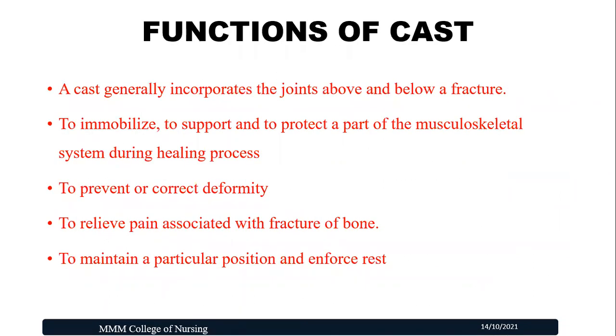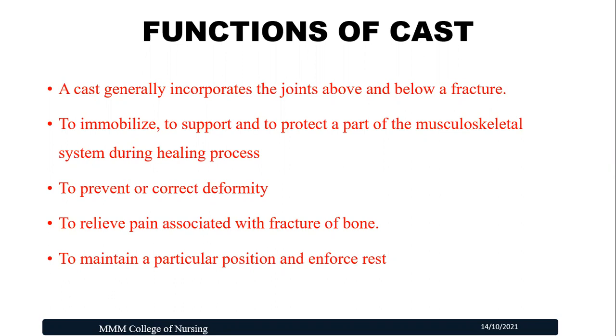Let us see the different functions of the cast. Cast generally incorporates the joints above and below a fracture or a deformity. Whenever we use this cast for immobilization, it can be used to support or to protect a part of the musculoskeletal system during the healing process.